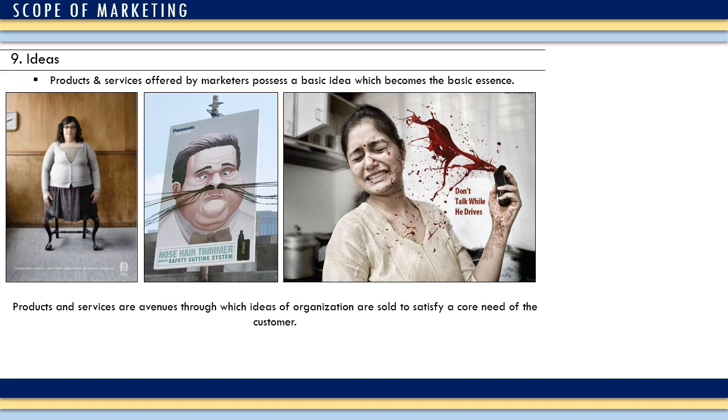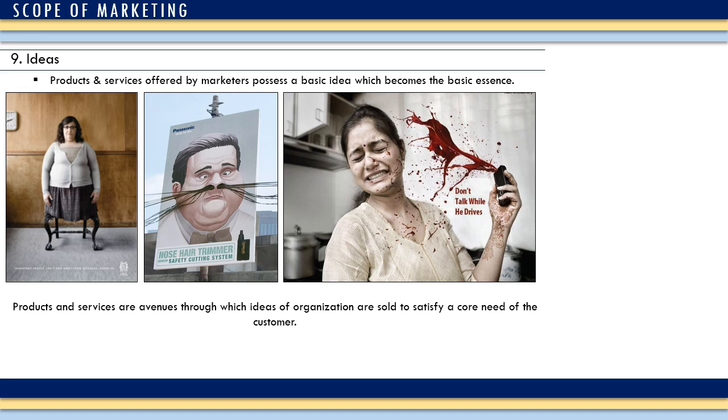Now this is an image which is used by Bangalore Traffic Police. Even though it says don't talk while he drives, even if it is not mentioned, people will make out. You look at the elements in the picture. You have a housewife. She's in the kitchen, cooking.